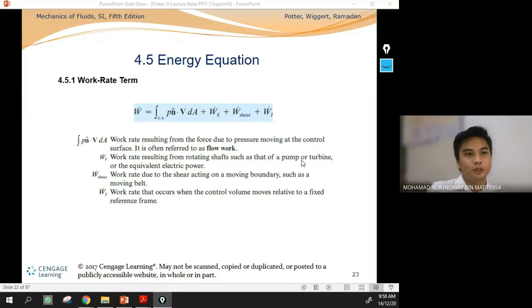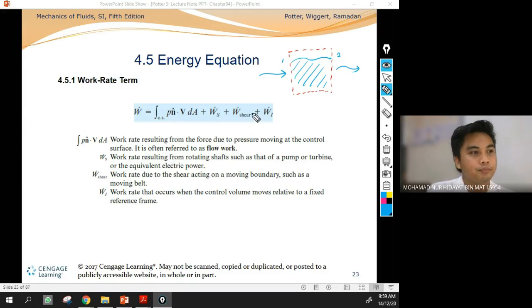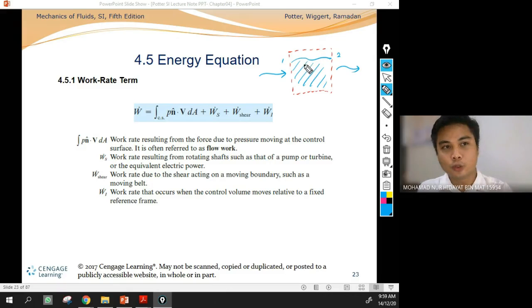You can see in the control volume, I try to simplify it, and there is a water level here. And there is flow from the inlet to the outlet, point number 1 and point number 2. Basically, there is work. The system does the work, so they lose the energy.